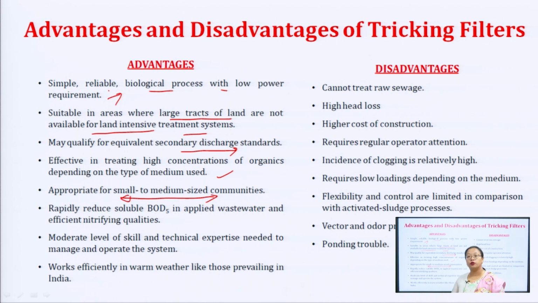But trickling filters can go for medium sized or small sized cities or towns, right. Rapidly reduces soluble BOD in applied wastewater and efficient nitrifying qualities. Moderate level of skill and technical expertise is needed to manage and operate systems. So, you do not require many skilled people, you can easily manage with the local staff there. Works efficiently in warm weather like those prevailing in India.